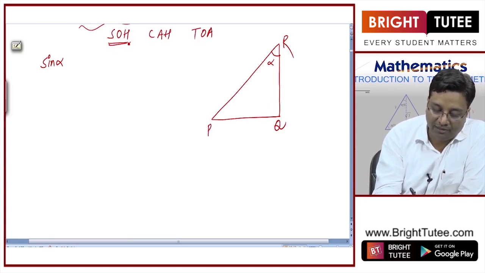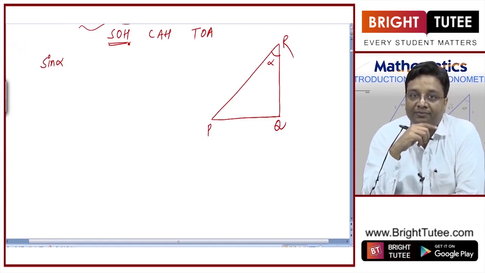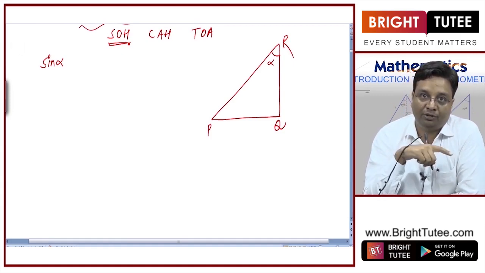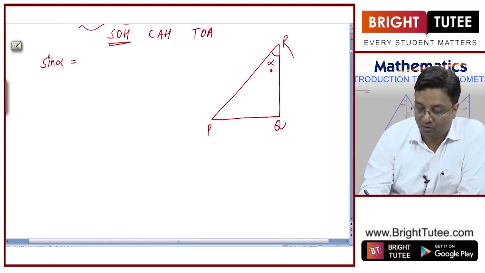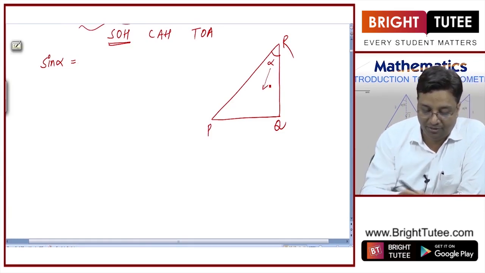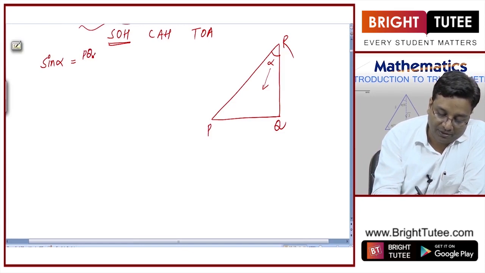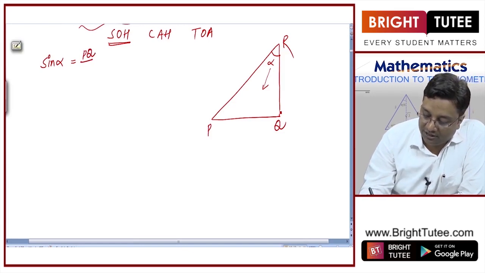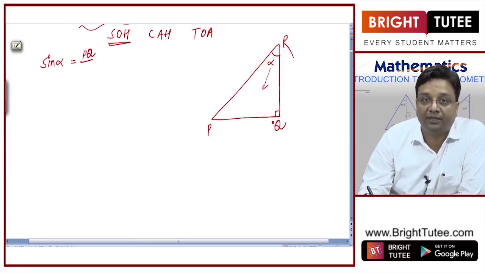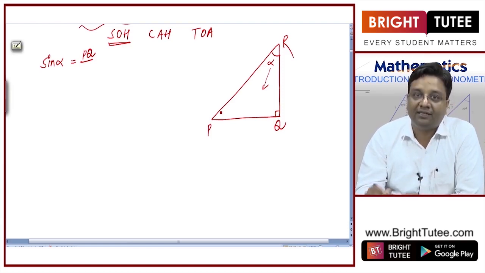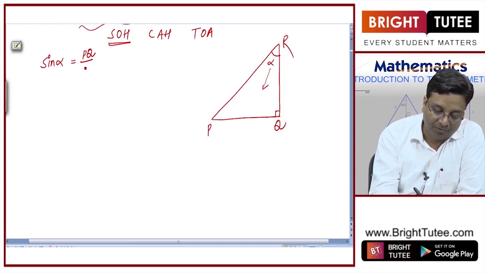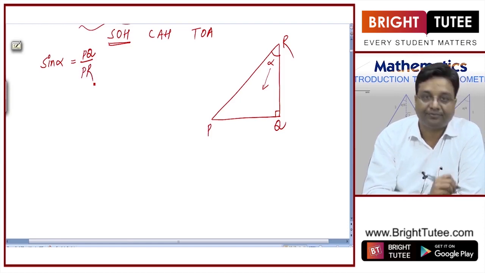So you should be able to tell me what is sine of alpha. Opposite by hypotenuse. Now what is the opposite side? Opposite to alpha, it is PQ. And what is the hypotenuse? This is the right angle, right? Angle Q is the right angle here. So PR is the hypotenuse, right? So PQ by PR. Okay.